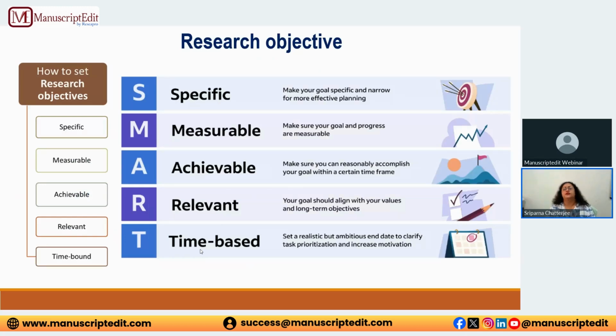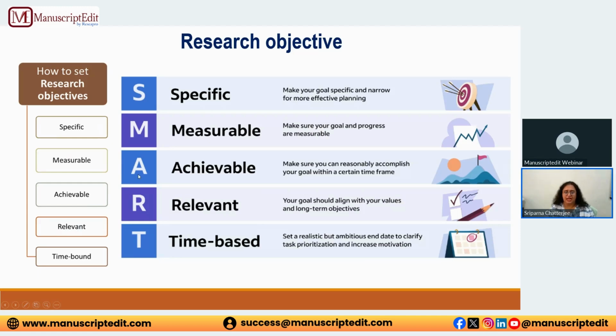And for the research objective, you need to be very, very SMART. S stands for specific: make your goal specific and narrow for effective planning. M stands for measurable: make sure your goal and progress are measurable.